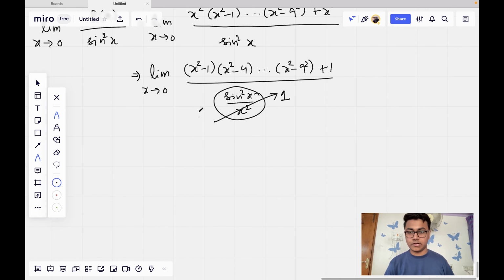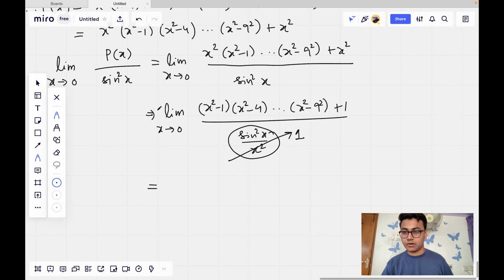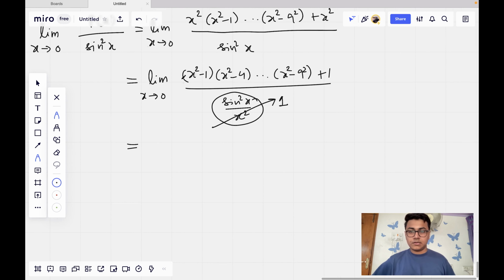Since this goes to 1, this is equal to, okay, I wrote something wrong here. It would be the equal to sign. Why should it be the implied sign? This goes to 1 and we can then directly substitute x equal to 0 here.